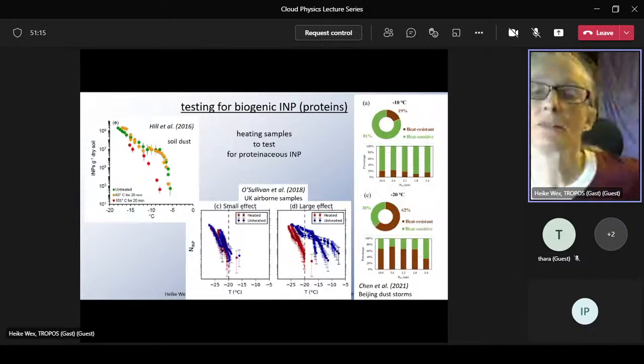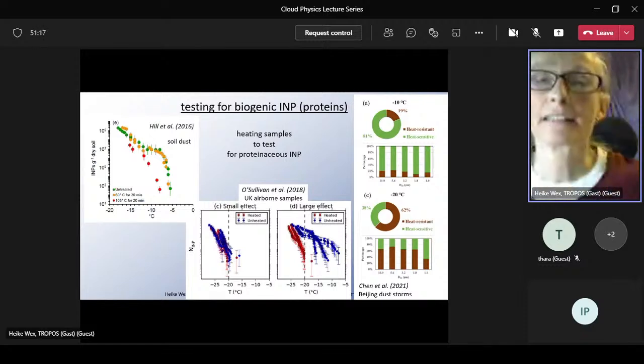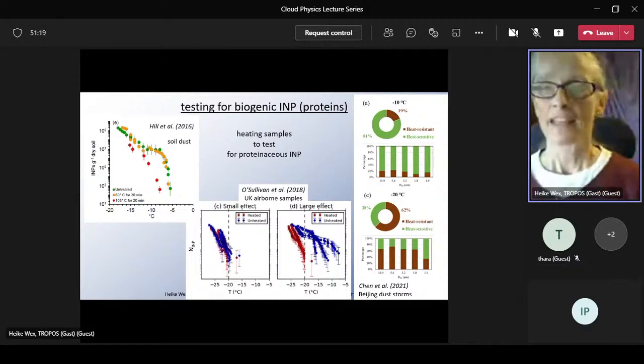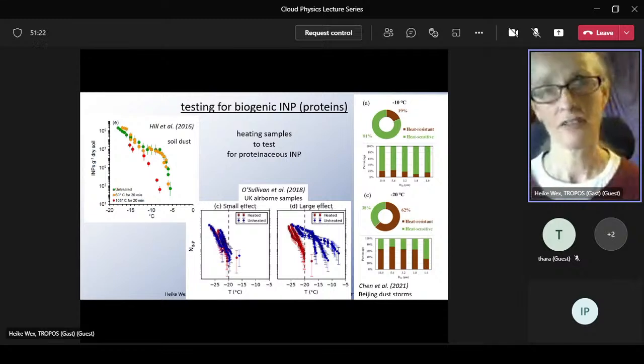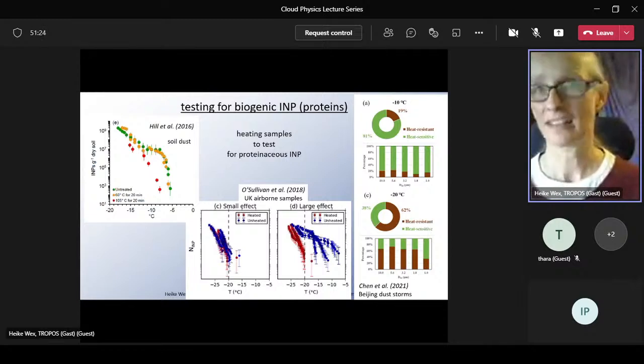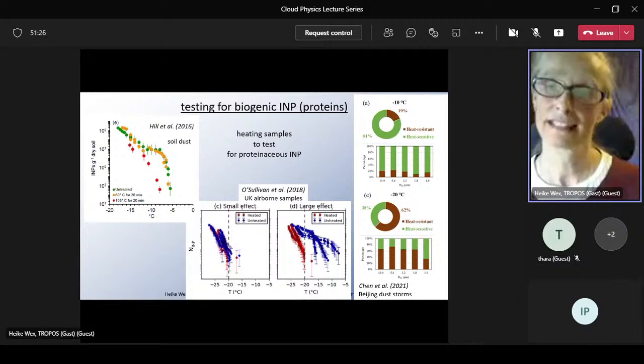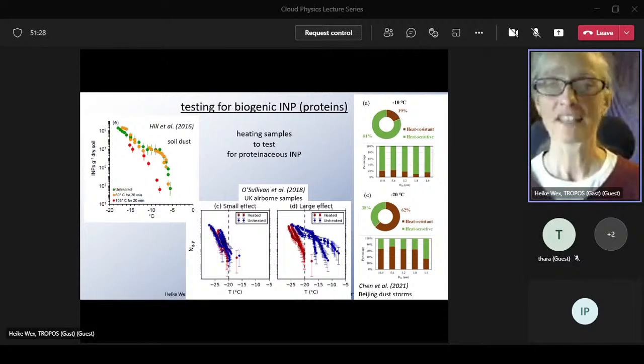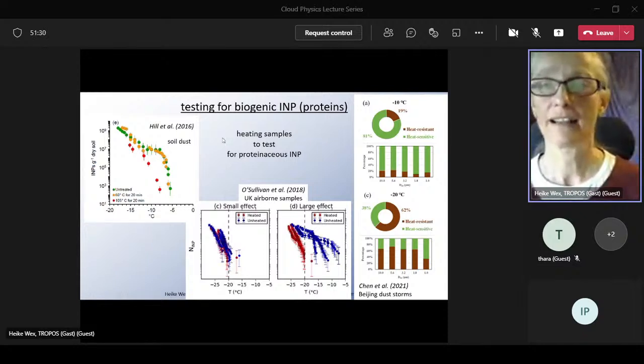How do we know if we have biological particles in a sample? So we all do know that it's not good for us to have a fever because our temperature rises and then proteins can denature. And that is what is used here to see if there are biogenic INP or proteinaceous INP in samples. That was, for instance, suggested by Hill et al. 2016.